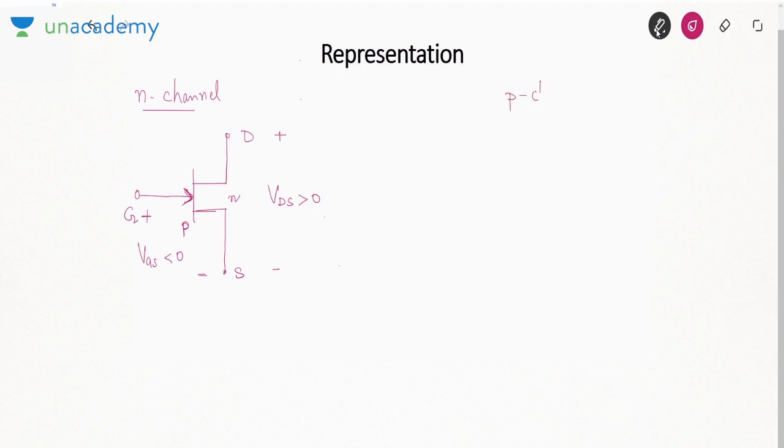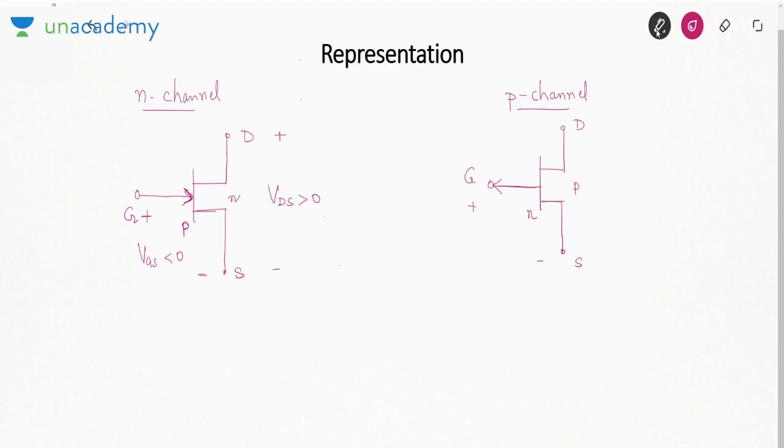What about P channel? In P channel, the region between drain and source will be P region. That is why the gate terminal will be N. If the gate terminal is N, how will you show the arrow? The arrow should be outwards. So this is gate, drain, source.